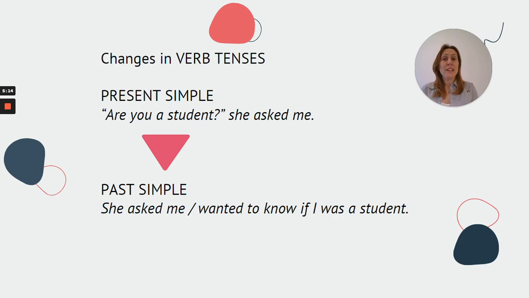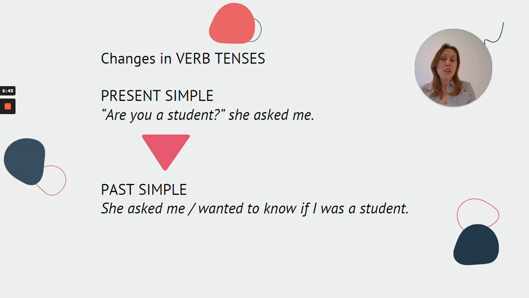The changes that take place are the same changes that take place, as we said before, when reporting statements: changes in pronouns, word order, verb tenses, and also changes in time and place reference. Let's take a look at changes in verb tenses.